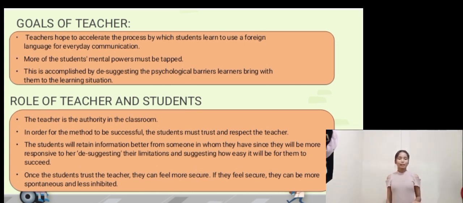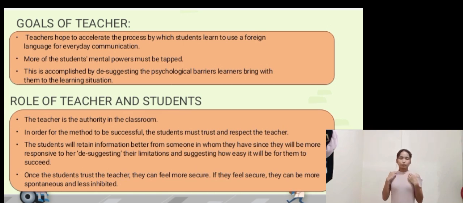The last one is once the students trust the teacher, they can feel more secure. If they feel more secure, they can be more spontaneous and less inhibited.